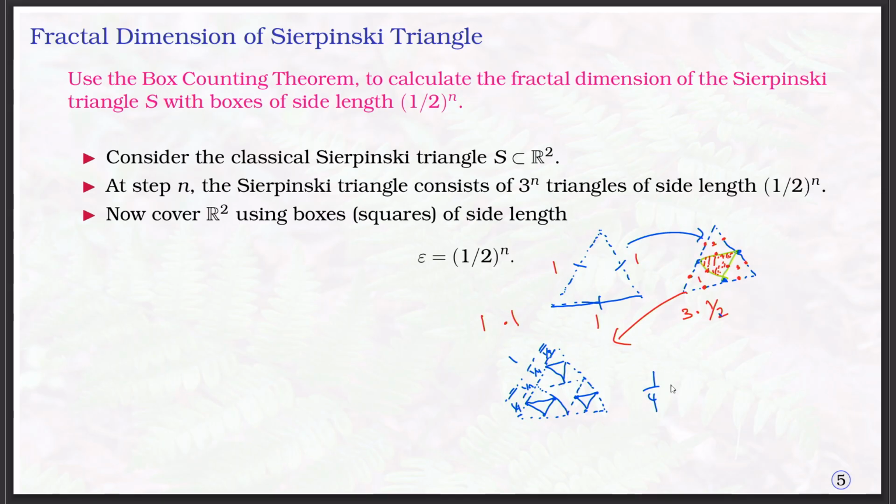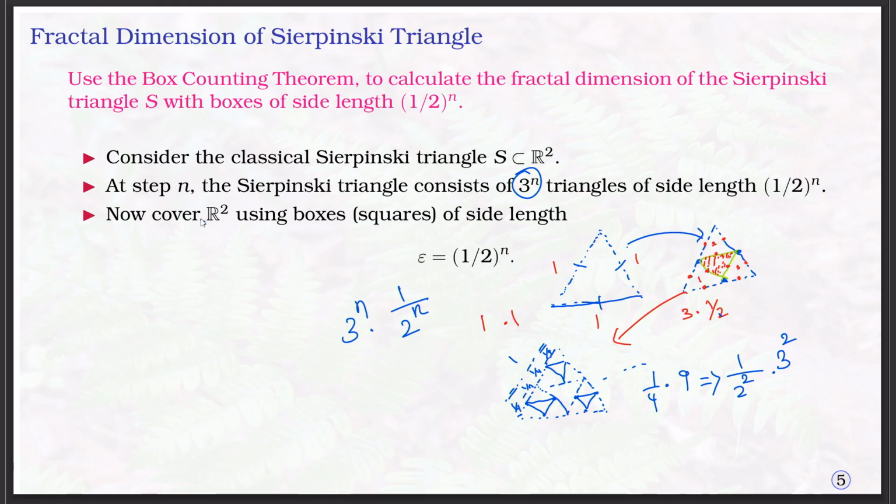Totally 9 triangles of side length 1 by 2 power 2, that is 3 power 2 triangles. Likewise, if we continue this process, after the nth step we have 3 power n triangles, each of side length 1 by 2 power n.